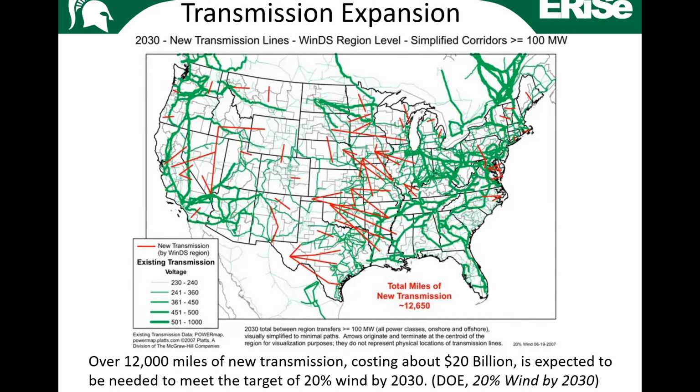So what you see in this graphic is the green lines are existing transmission lines, and the red lines are locations where you would have to put a new transmission. And this is the amount of transmission you would need if you had to deal with this much extra wind using aggregation alone.